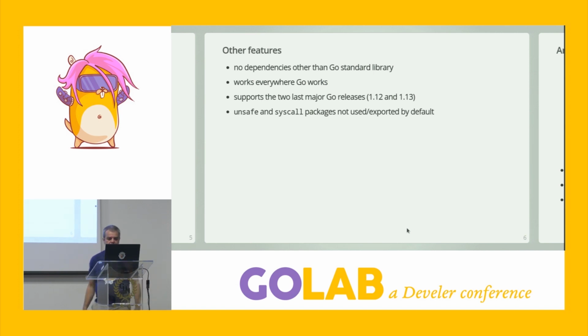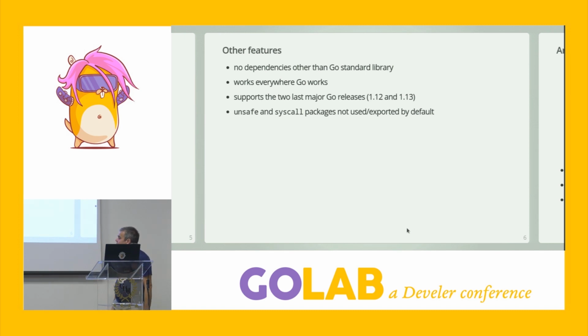So some other features of the project. The first is that we don't have any dependencies other than the Go standard library. We just use the Go standard library and that's it. It works everywhere Go works, so the interpreter has been made portable.